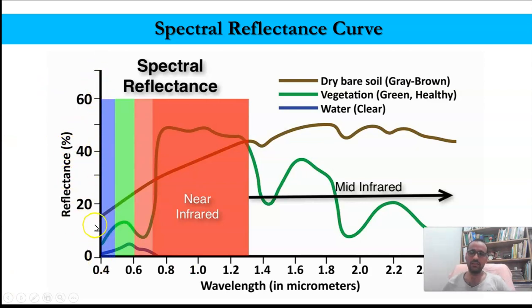Reflectance percentage means how much energy is coming from the sun to the earth surface, like 100% energy coming to the earth surface, and how much is getting back, because we have different kinds of interaction in the atmosphere like scattering and absorption. But we need the energy which can go directly to the satellite.